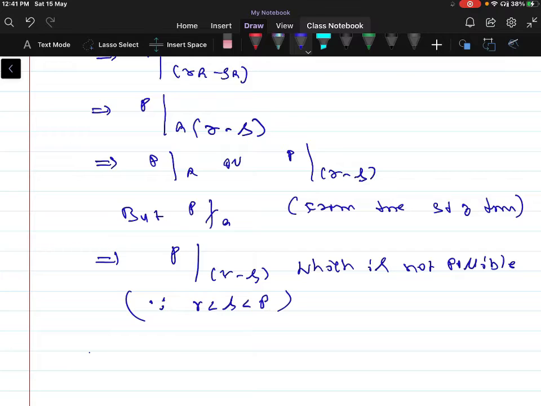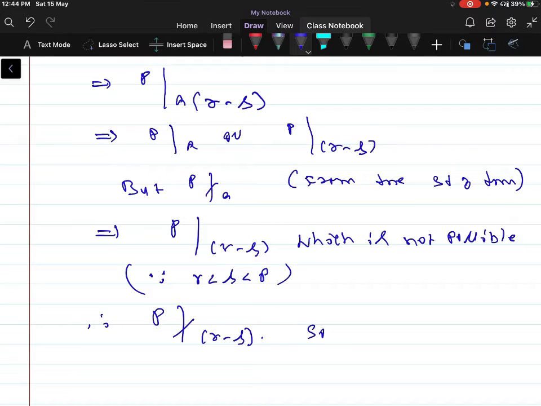Therefore p does not divide r minus s. So ra is not congruent to sa modulo p.